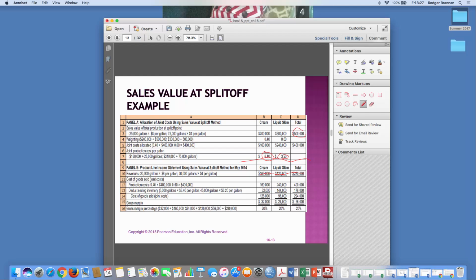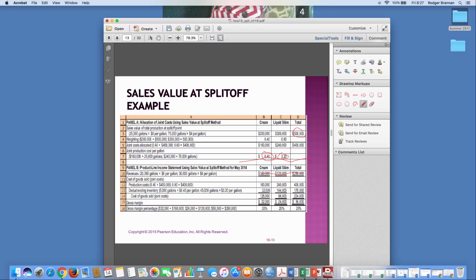Now, when I go to prepare the income statement, I need to allocate those total costs, the 160 and 240, between what's in inventory at the end versus what got sold, or cost of goods sold. Okay. So in this case, revenues are 160. The total cost allocated is 160. 5,000 gallons in ending inventory, valued at 32,000.